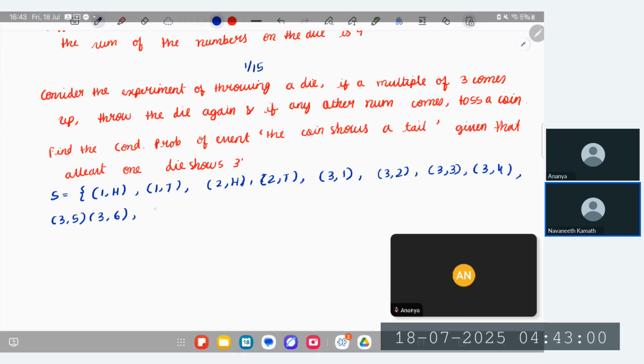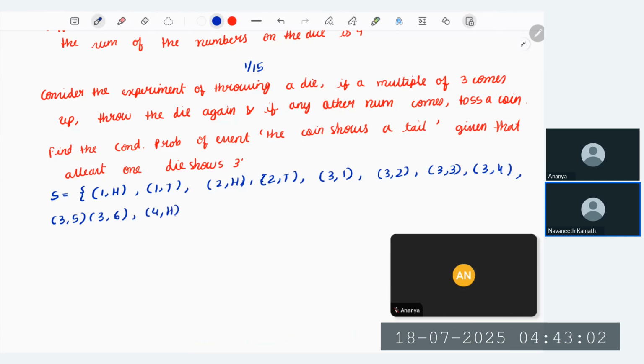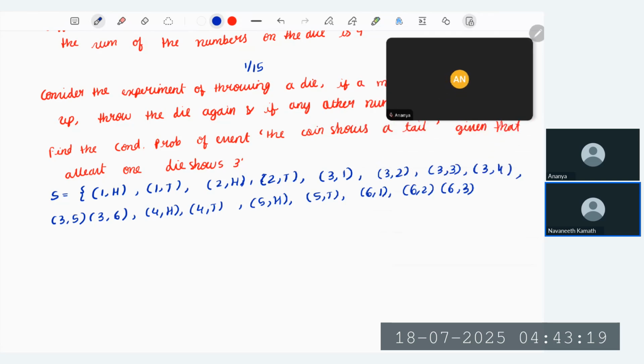Then, if four comes, it is either head or tail because we'll be tossing a coin. Then, if five comes again, it is head or tail. But if six comes, I need to roll a die. That is 6-1, 6-2, 6-3, 6-4, 6-5, 6-6. This is the sample space.